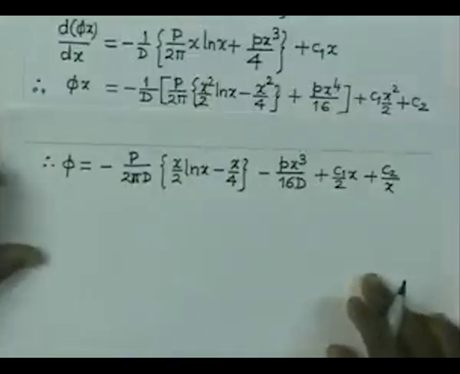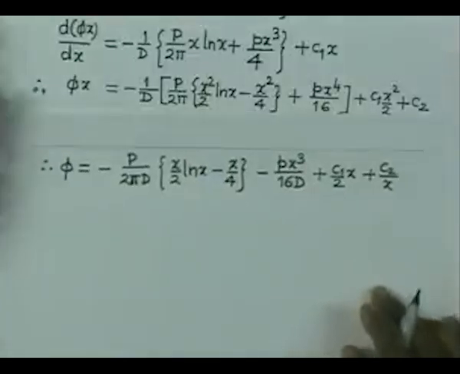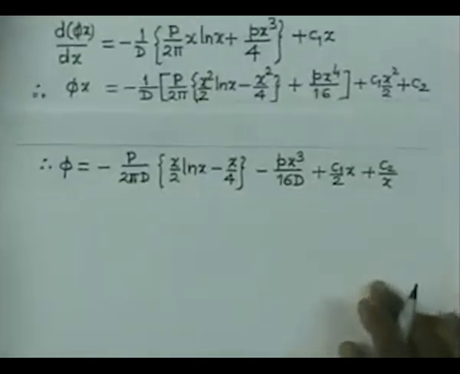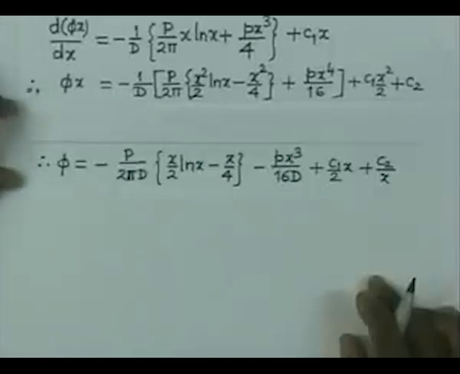So, we have got now the expression for phi, the slope, and now we can certainly go for finding out the deflection, since phi is related to the deflection by the formula phi is equal to minus delta w delta x.